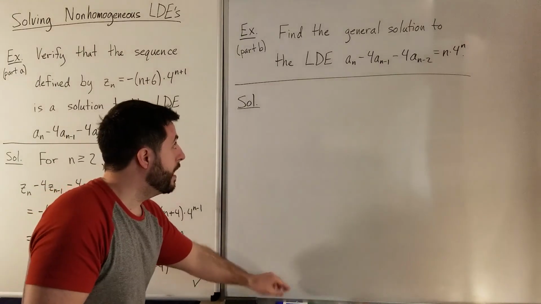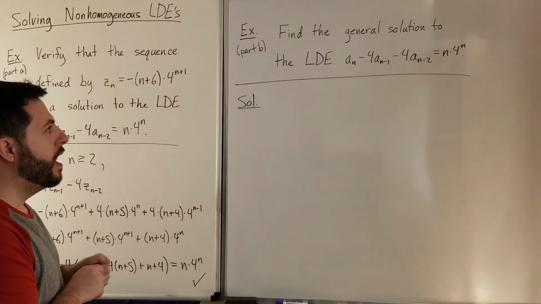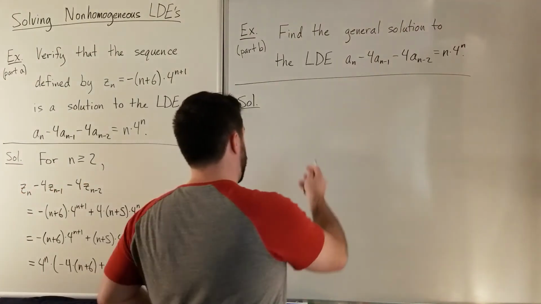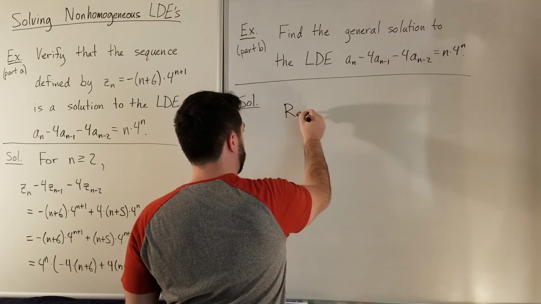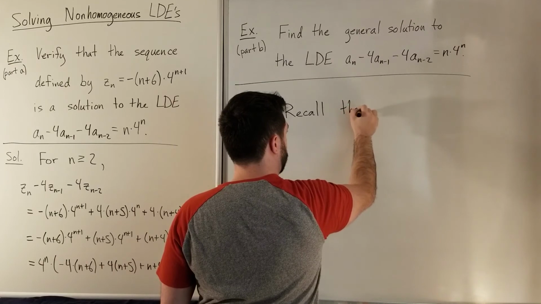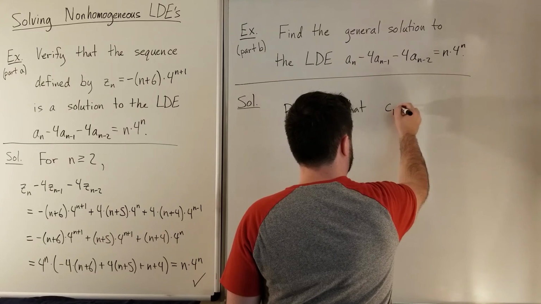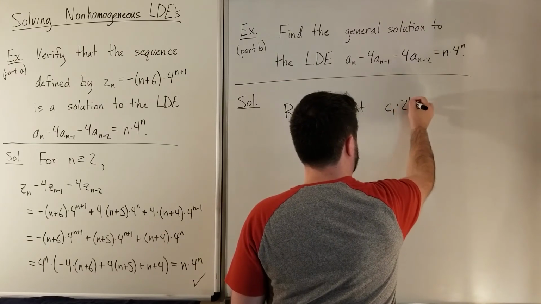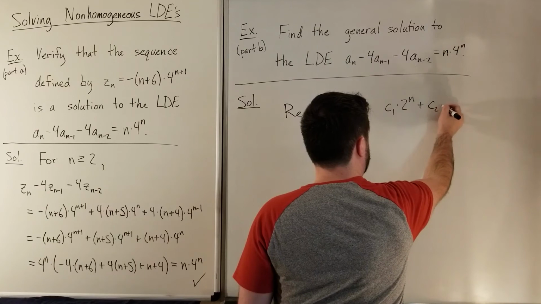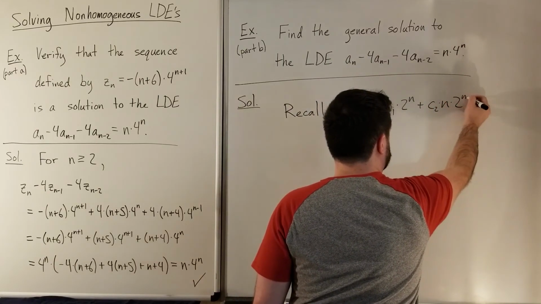Okay, so we're now going to write down the general solution, and the key is to use the fact that we already have one specific solution. We also have, if you recall, this general solution to the homogeneous case.